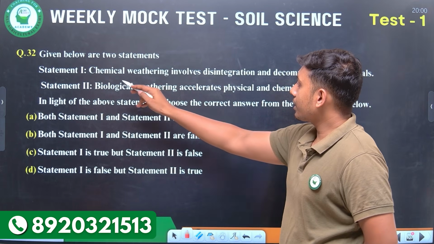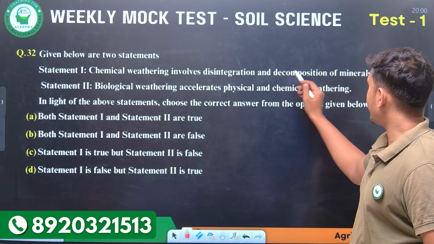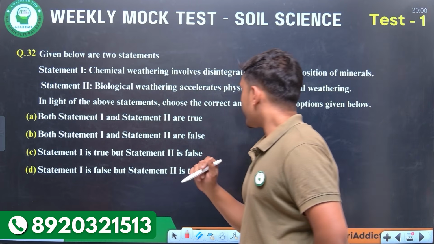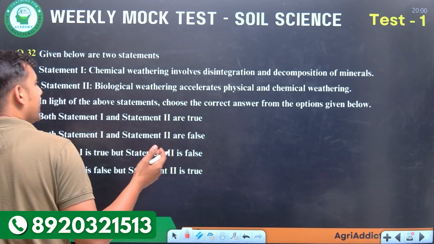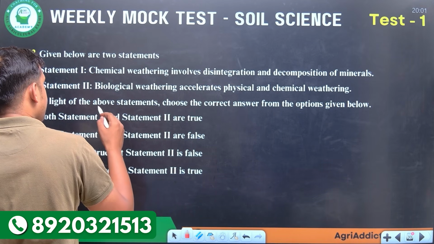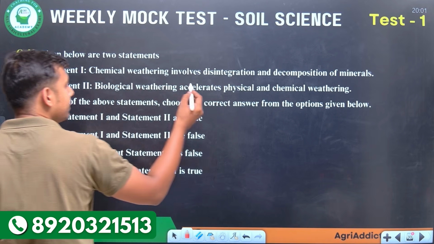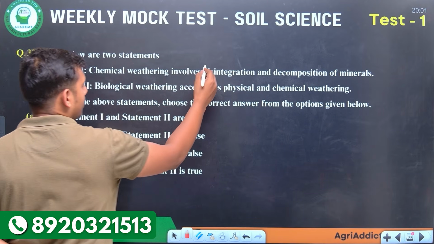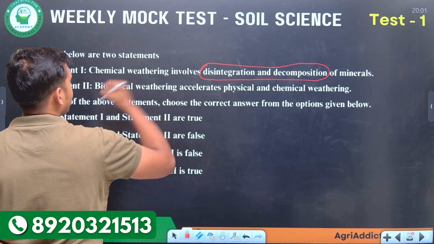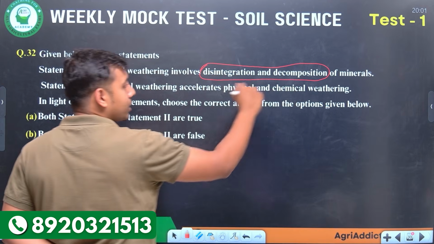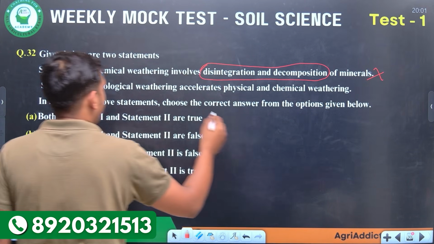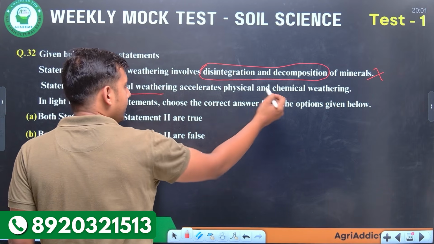Now again statement based. Chemical weathering involves disintegration and decomposition of minerals. And then biological weathering accelerates the physical and chemical weathering. Now coming to the first statement, chemical weathering involves the disintegration and decomposition of minerals. No, actually chemical changes occur in chemical weathering. Disintegration and decomposition actually occur in physical weathering, so it will be crossed out. And biological weathering accelerates physical and chemical weathering, this is right.